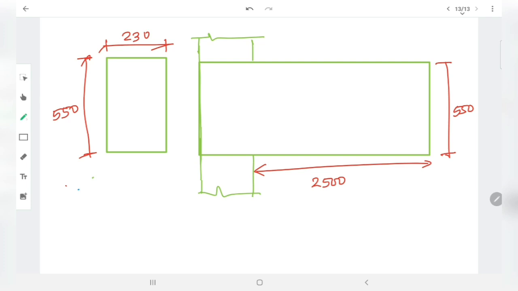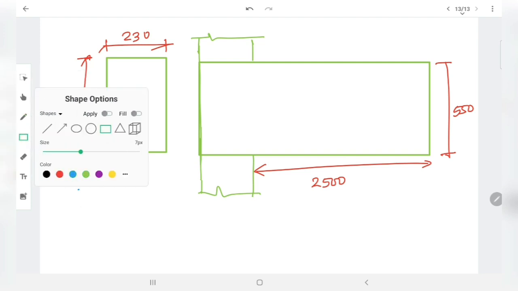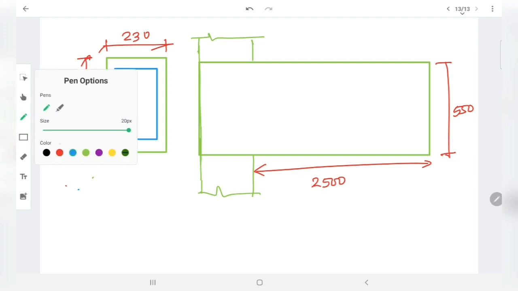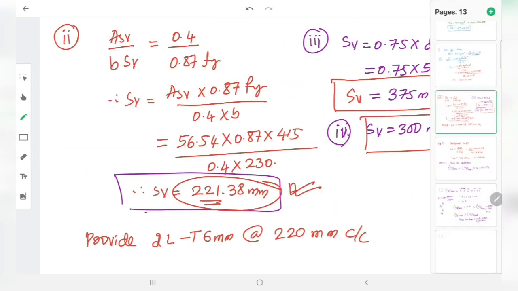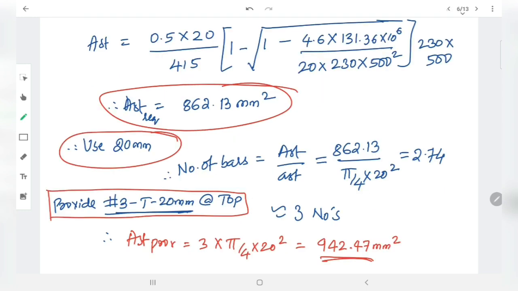In the detailing part, the main reinforcement or the stirrups we have provided here. Here the main reinforcement will be at top. These are the 3 numbers of 20 mm dia we calculated here.